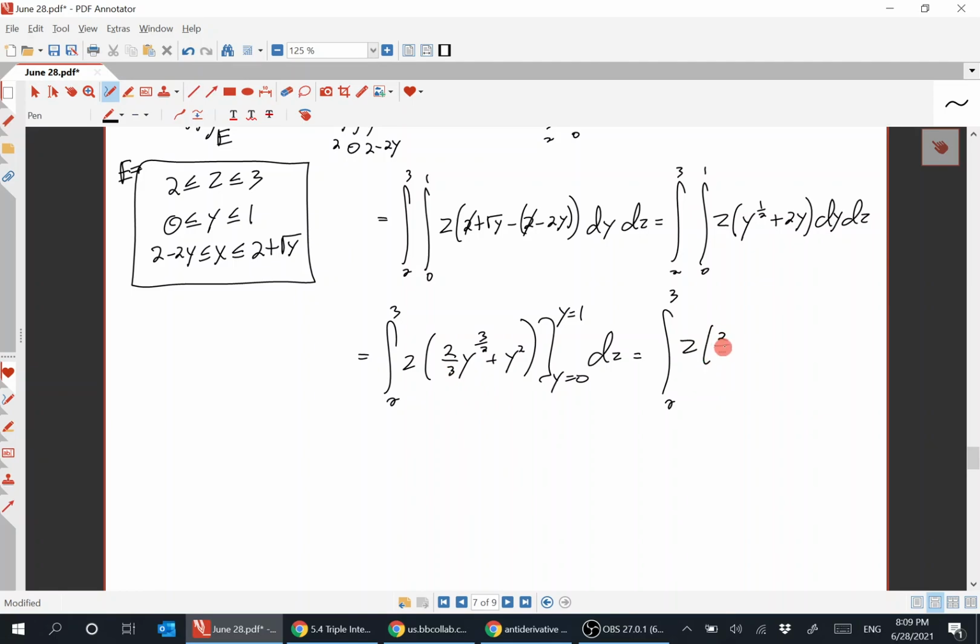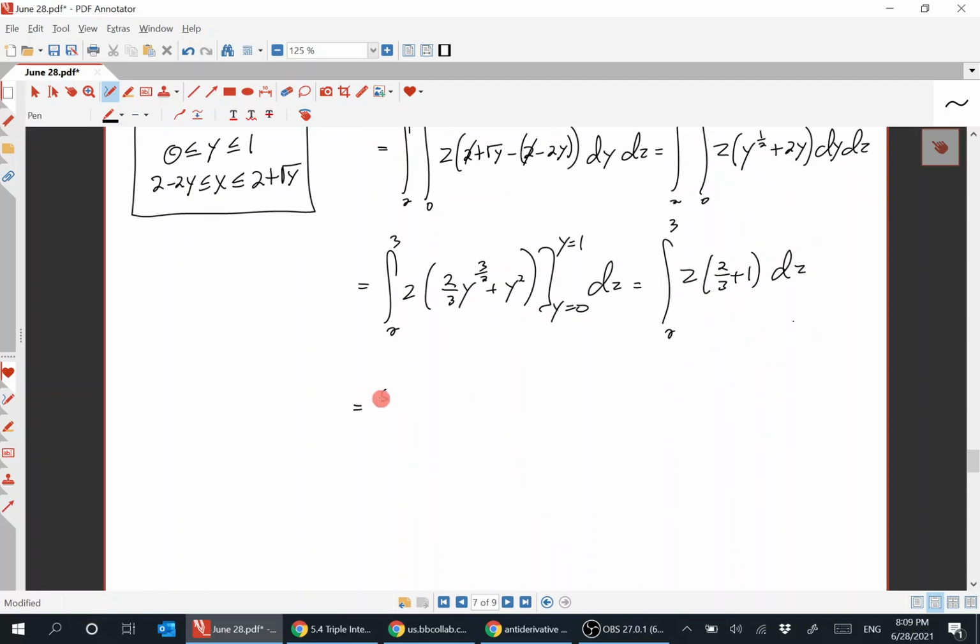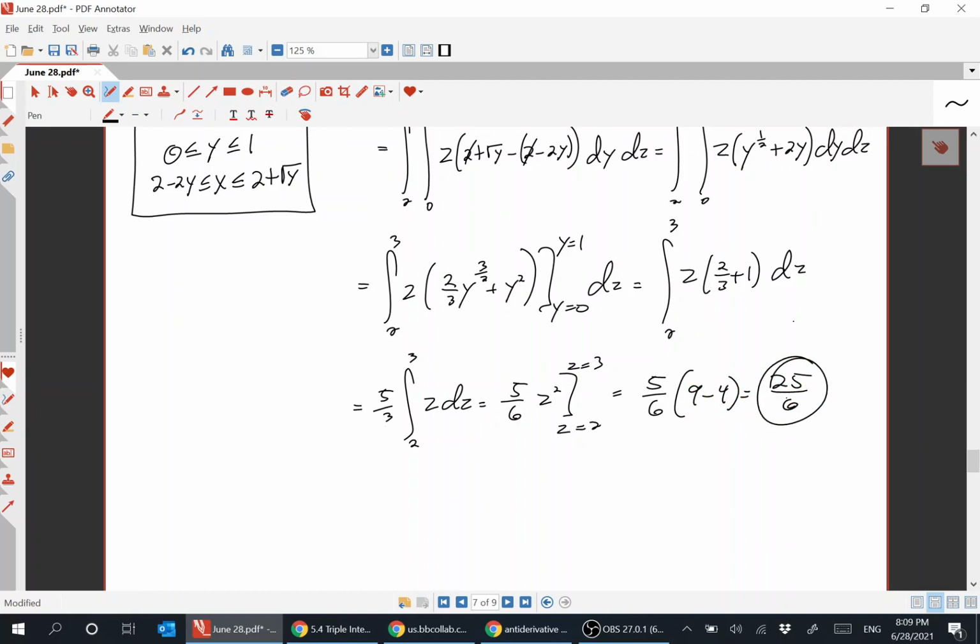So z times 2/3 plus 1 dz. So that is 5/3. So 5/3 times the integral from 2 to 3 of z dz. So this is 5 over 6 z squared from z equals 2 to z equals 3. So that's 5/6 times 9 minus 4, which is 5. So 25 over 6.